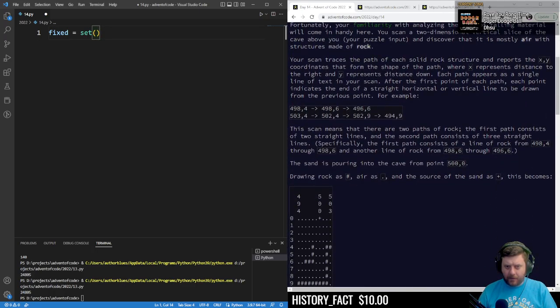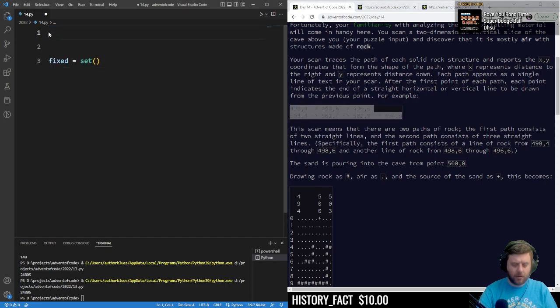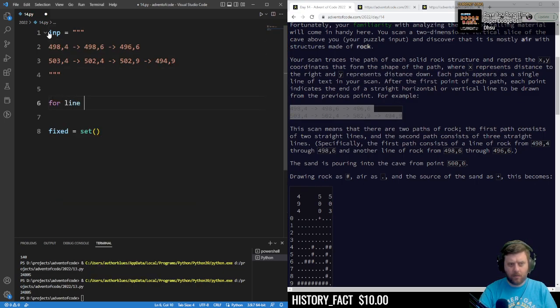Let's read in their input first. For line in input dot strip dot splitlines.